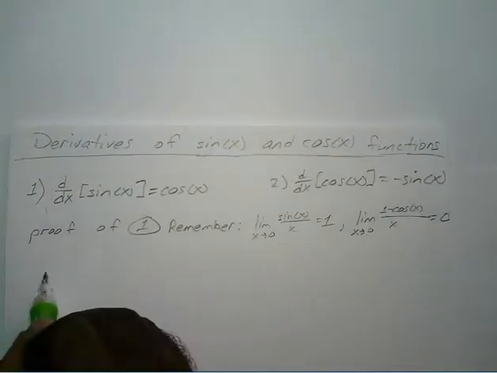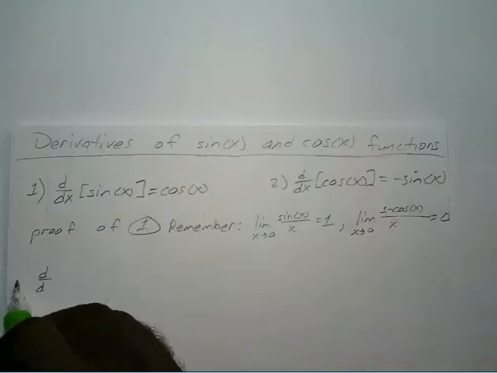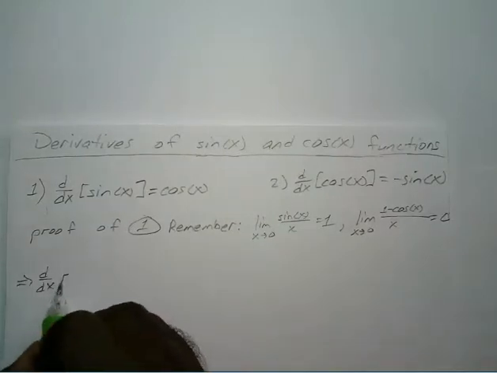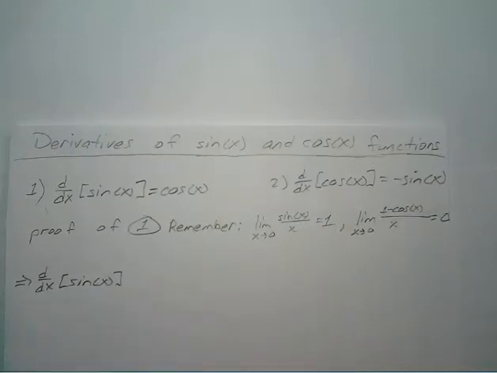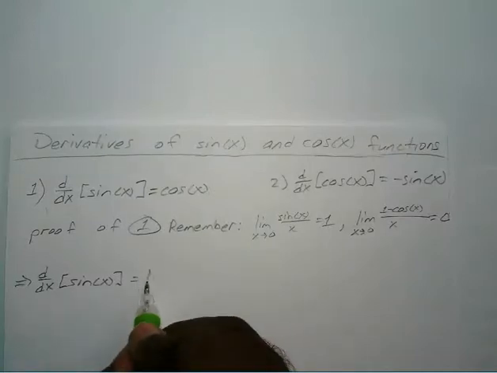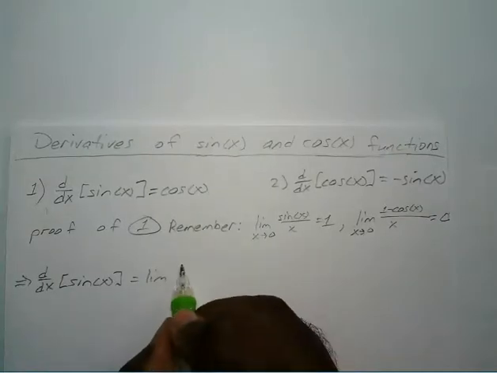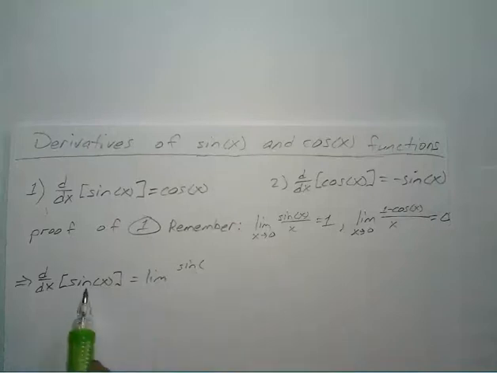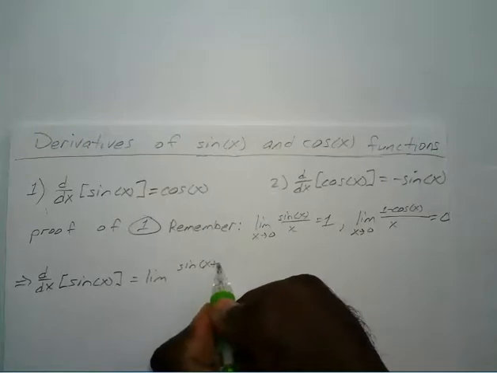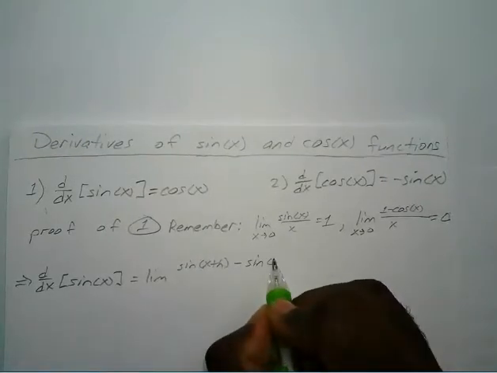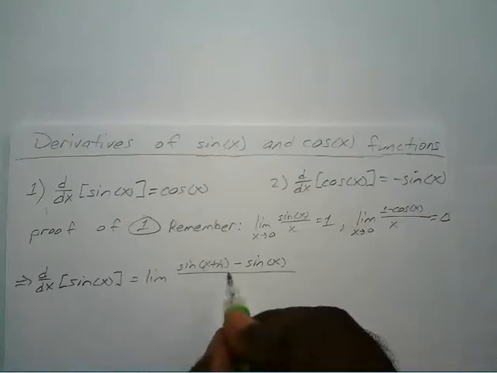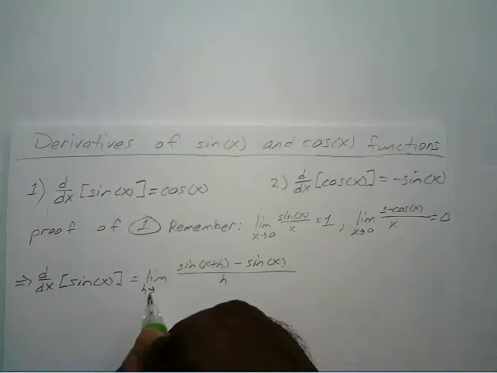The derivative with respect to x of sine of x is just using the limit definition. So that's the limit of sine of x plus h, minus f of x, which is sine of x, all over h as h approaches 0.